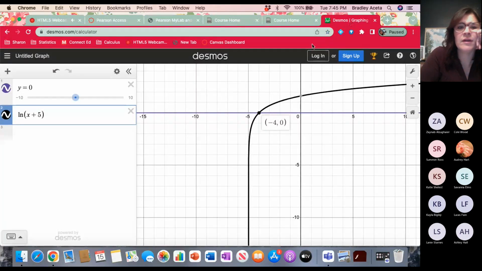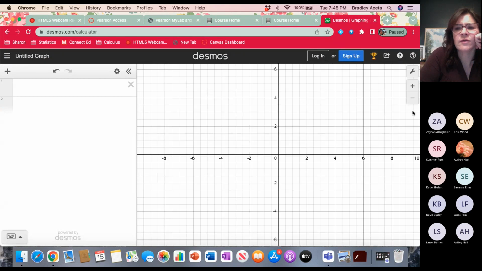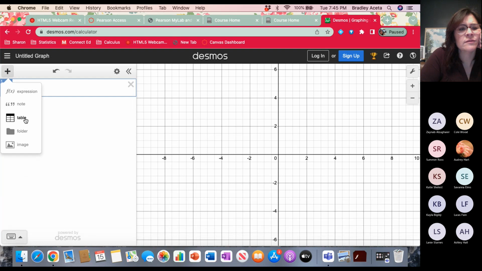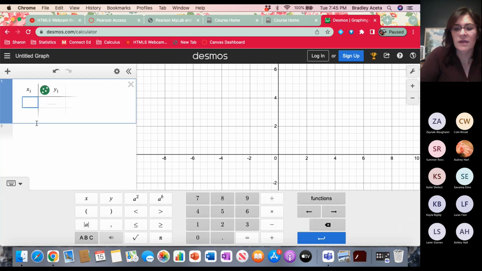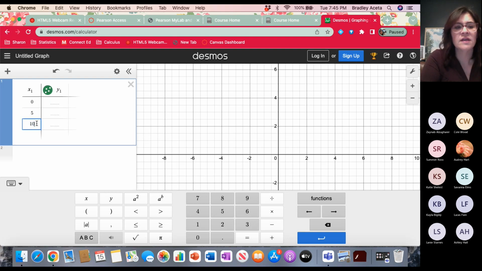And if you don't remember how to do it, I'll show you real quickly how. Go to my home screen. So you add a table. And instead of 2000, I'm just going to do 0, 5, 10, 15, and 20.